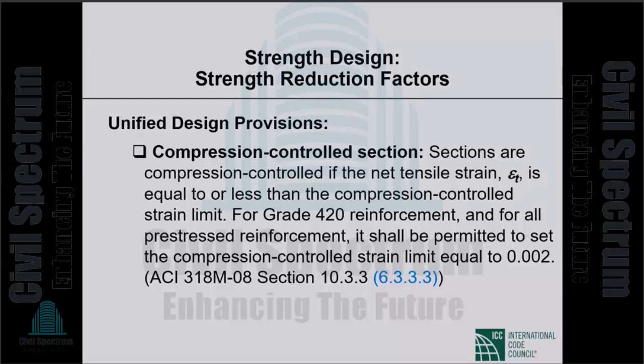That is changing now, these days, but for all practical purposes, in most applications, the compression control strain limit is 0.002, and a compression control section is a section where epsilon sub t, the net tensile strain, is less than or equal to 0.002.